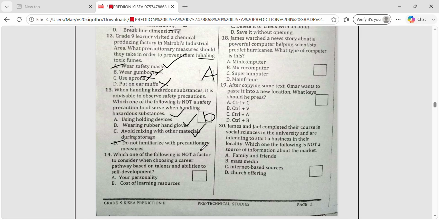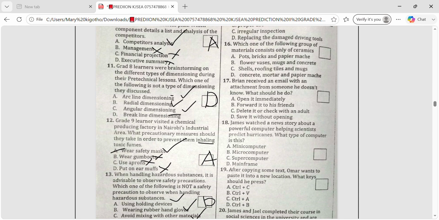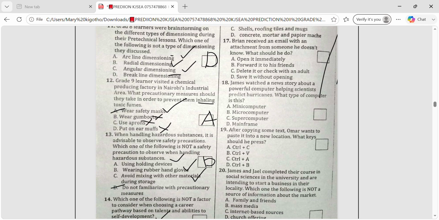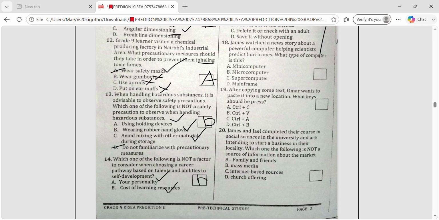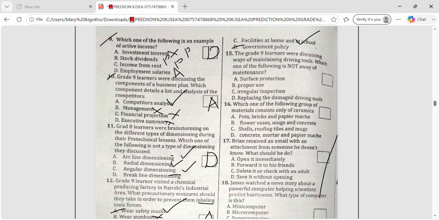So your personality, you should look at your personality. Course of learning resources, yeah, you should look at that. Facilities at home and at school, yes. Government policy, that's not a must. So the correct answer for number 14 is D.